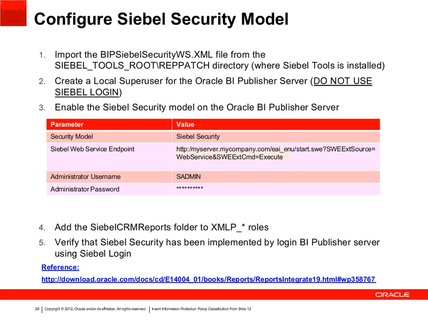The next step will be to enable the Siebel security model in BI Publisher. This can be done by simply selecting the Siebel security option from the security model drop-down. Mention a web service endpoint as a URL to connect to the EAI object manager, as shown in the diagram.